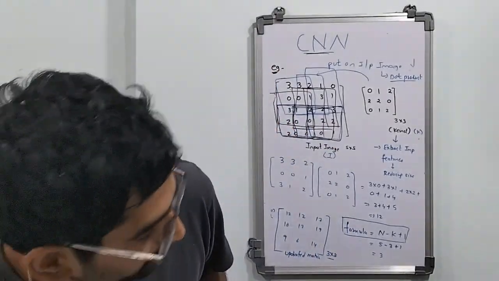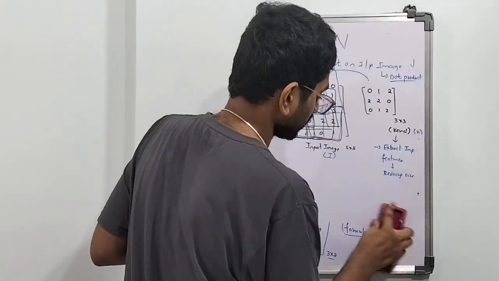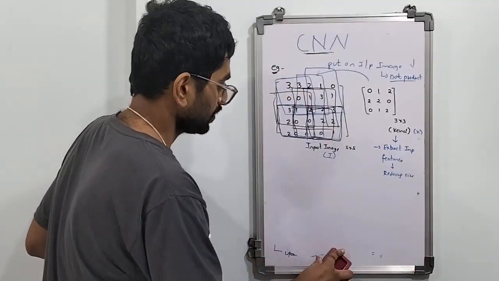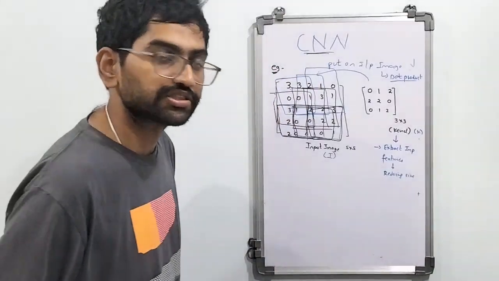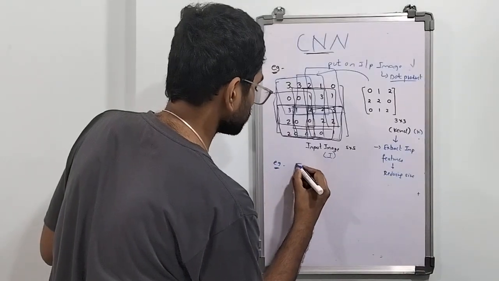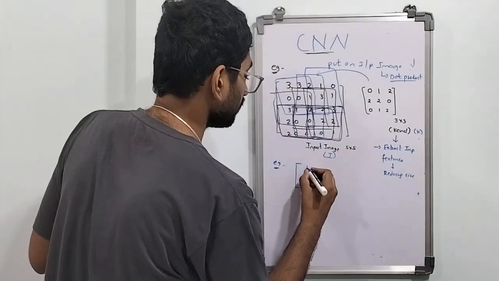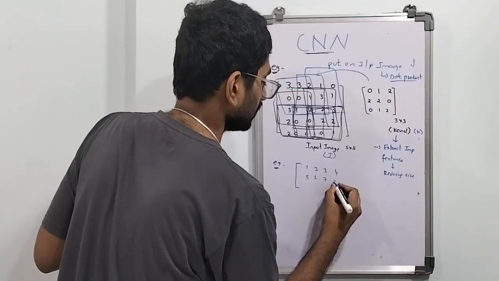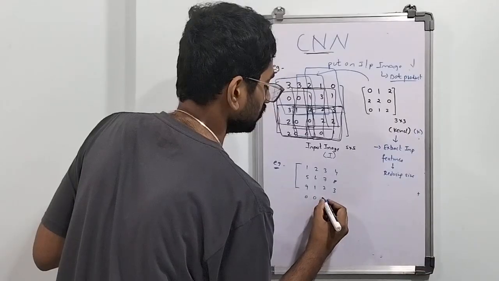So what is stride here? See, in the stride what happens, I will take one very simple example to explain what is stride. Let's say you have 1 2 3 4 5 6 7 8 9 1 2 3 0 0 0 1.